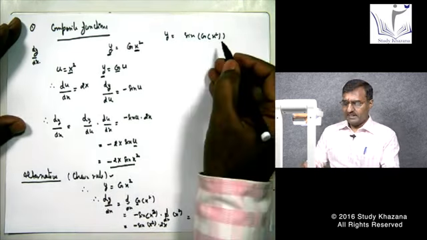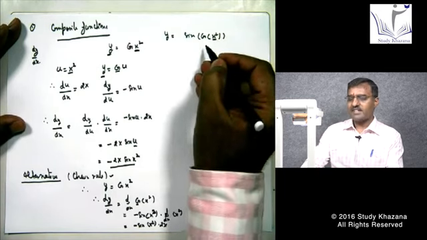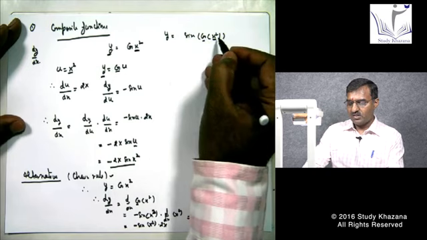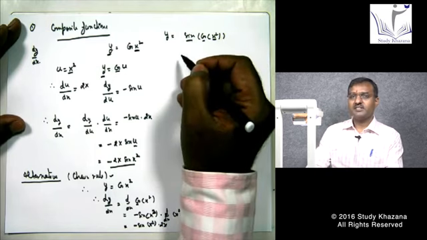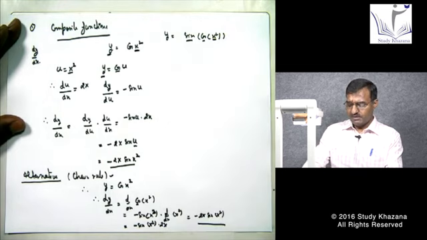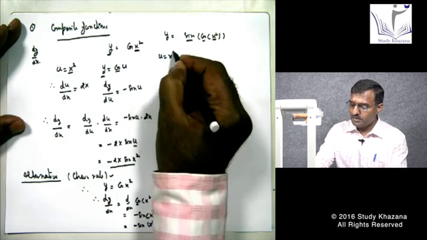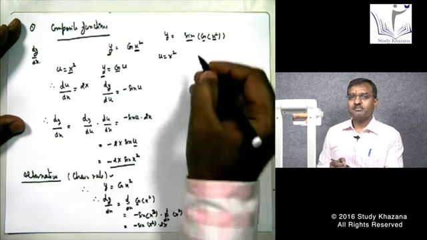Now what you are seeing here is three functions. How can you say? One is x square, another is cos x square, and the third one is sine. So how will you solve this? First we will see by substitution. First we put u equal to x square.